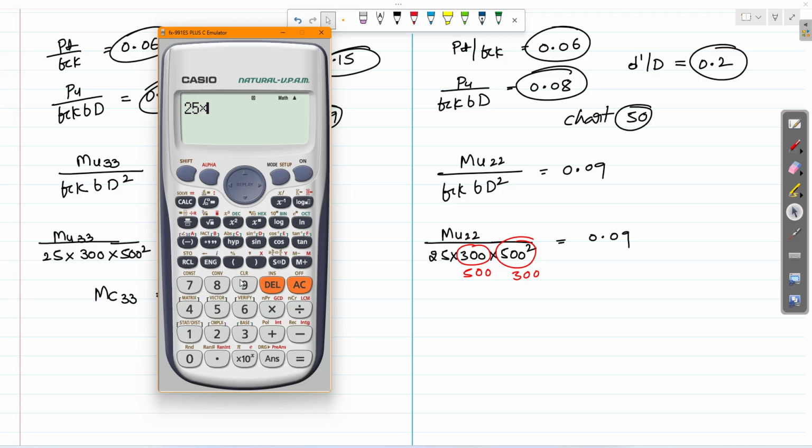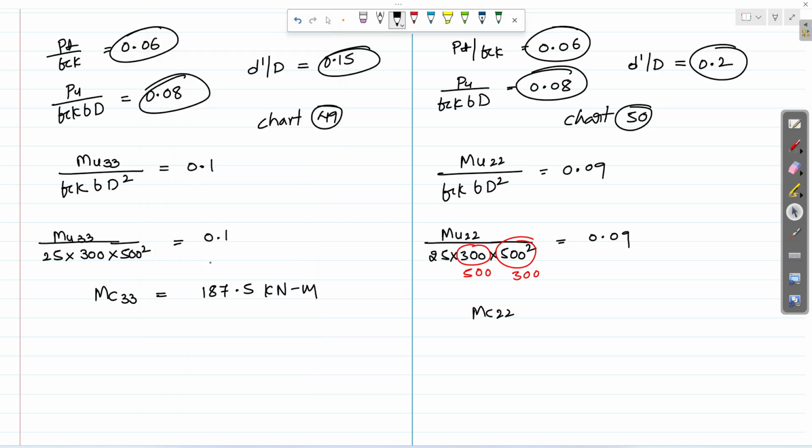So 25 into 500 into 300 square into 0.09, which will be 101.25. So this is MC22, 101.25 kilonewton meter.